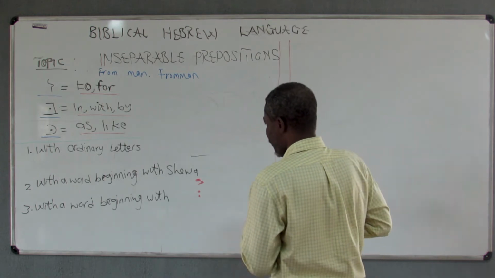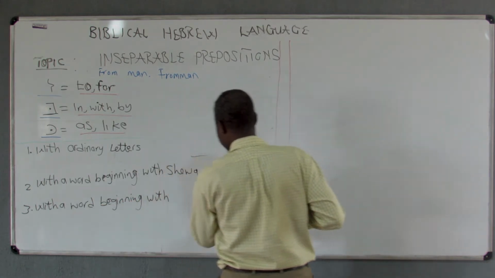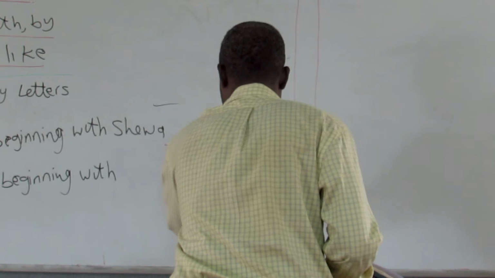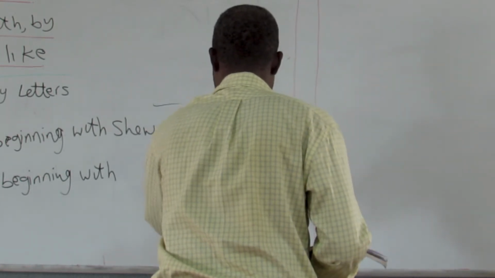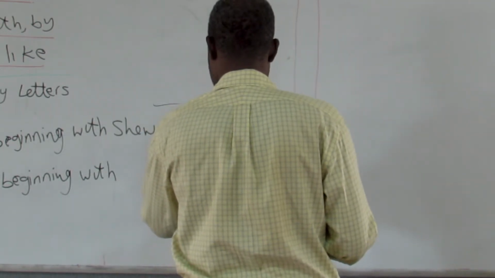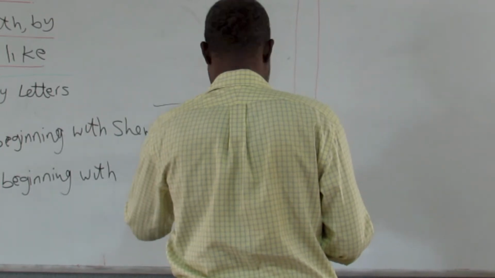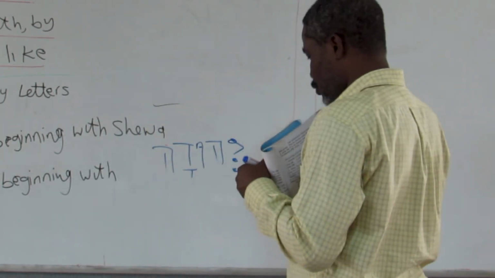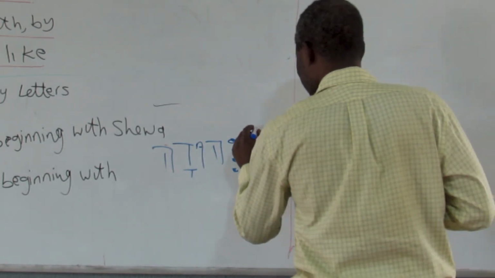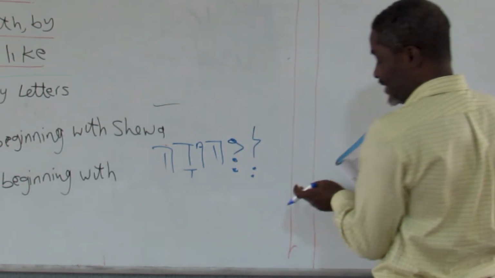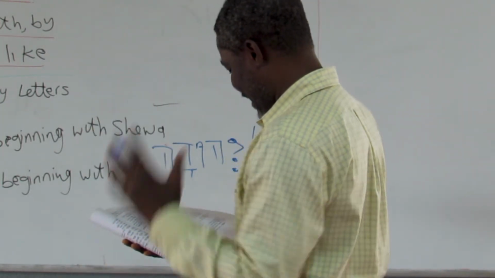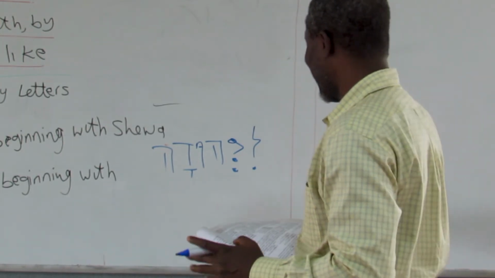In the case where the word begins with a yod with shewa, for example, Yehuda, which simply means Judah, you cannot say to Judah that way. Two shewas cannot follow, so you drop one, but that is not applicable in this case. You can't use that rule in this case.